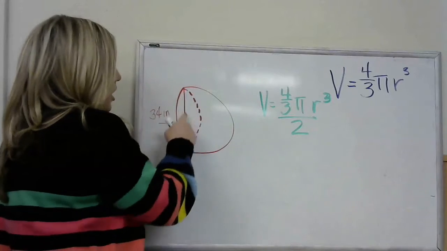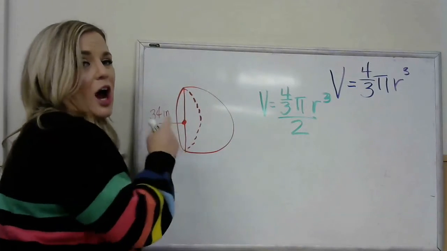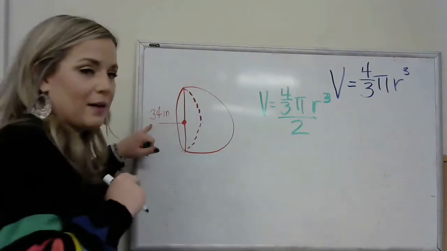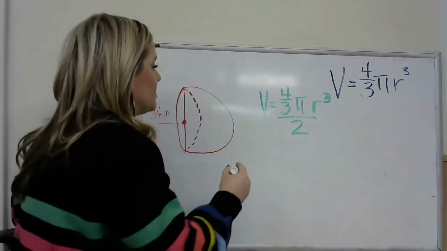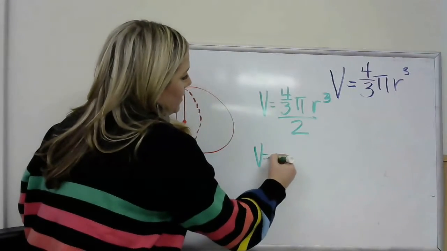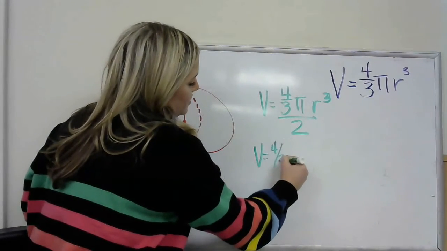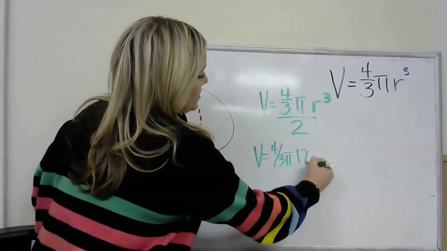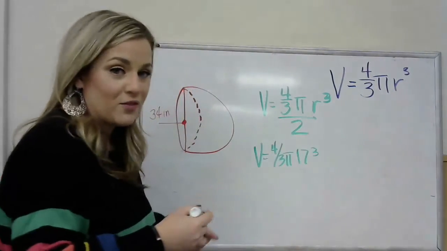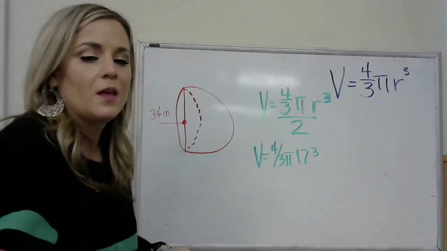All right, so right here, they gave me the diameter. I need to half it, and I know the diameter is 34. Half of 34 is 17. All right, so I'm just going to plug in my numbers. 4/3 pi 17 cubed, and then I'm going to divide it in half, okay?